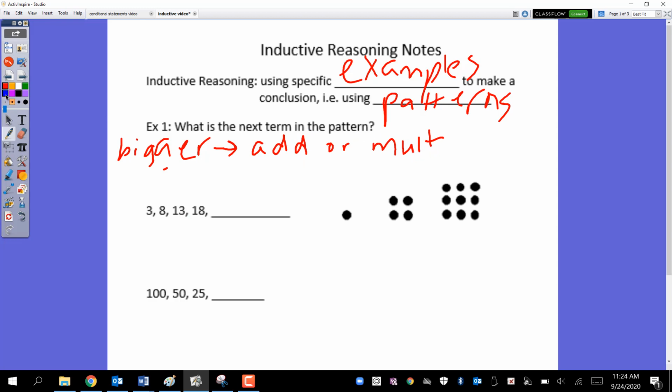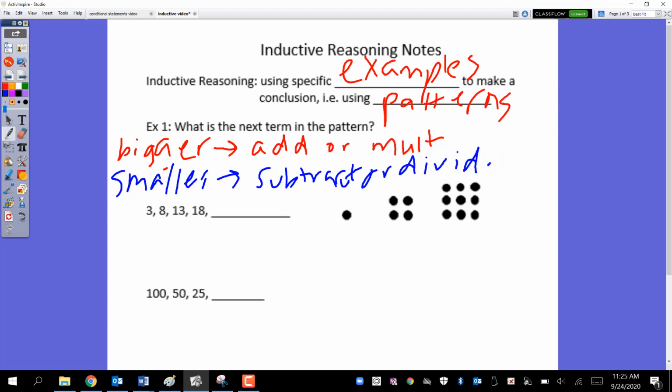If the numbers are getting smaller, then you're going to subtract, or divide, okay? So when I'm looking at this first number pattern, my first question is, are the numbers getting bigger or smaller?